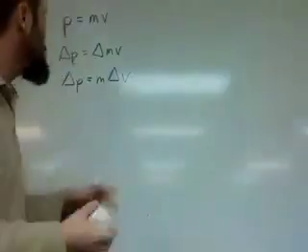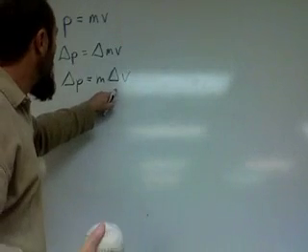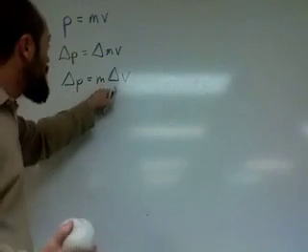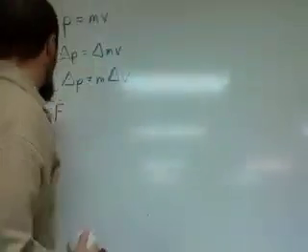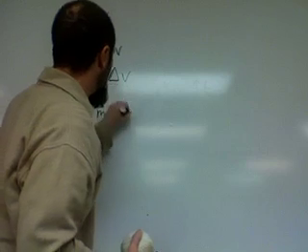So it definitely is accelerating. In order to cause it to accelerate, I have to apply a force, and I have to have this force acting over a certain amount of time. That causes the momentum to change.